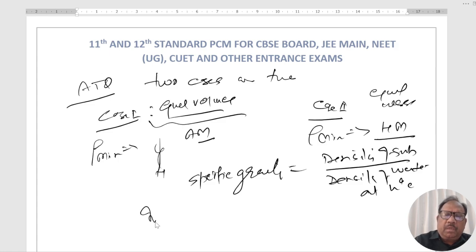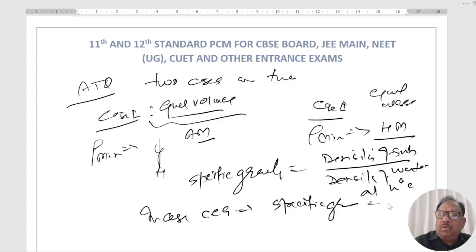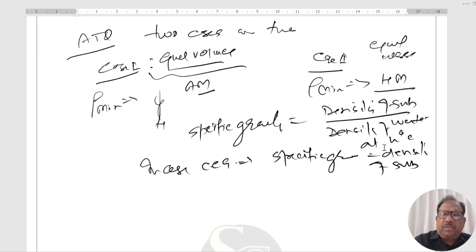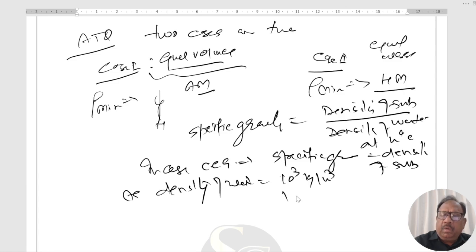Means in case of CGS unit, specific gravity equal to density of the substance, as density of water is 10 to the power 3 kg per meter cube and 1 gram per centimeter cube. So we can use this one, right?